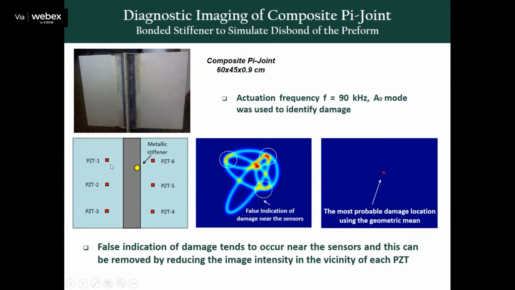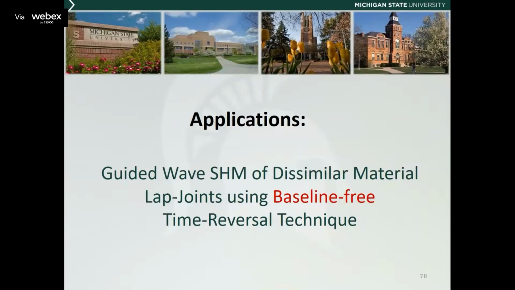Similar configuration, you can have multiple PZT sensors there. We've done this with embedded sensors in the material, here the composites. And use the PDI, you can get the most probable location after data processing. You can identify where the defect is. Right? So this is another example of it.